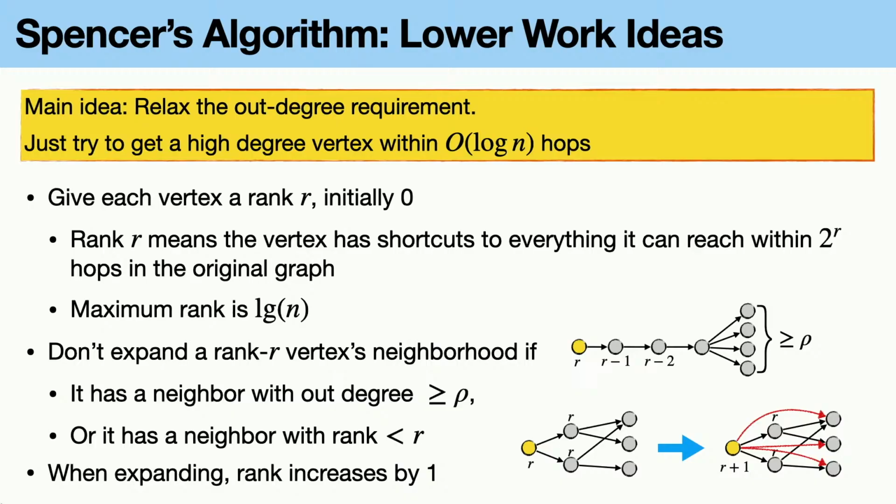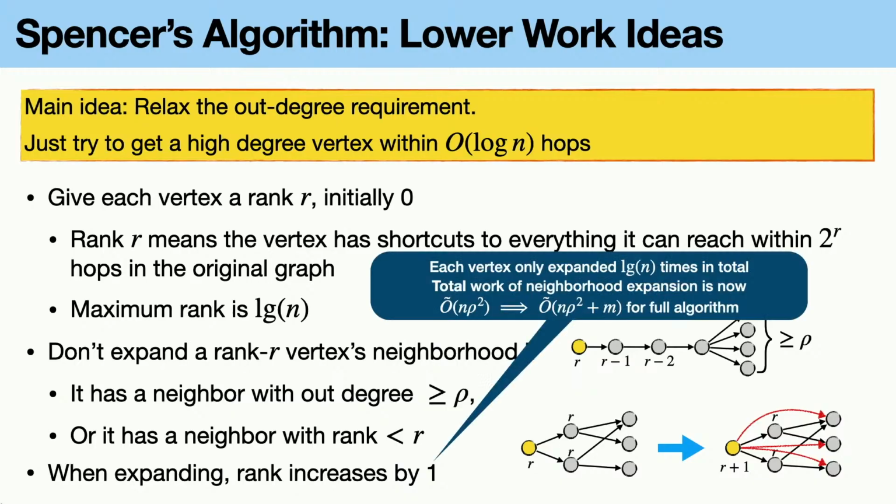This is what Spencer's algorithm actually does. The nice thing is that each vertex only gets this neighbors of neighbors expansion log n times throughout the entire algorithm. So the total work becomes n rho squared for the neighborhood expansion plus m for the BFS itself. I think that's a very cute trick, a nice, clever algorithm. This was one of my favorite parallel graph algorithms from back in the day. That's the way it works.